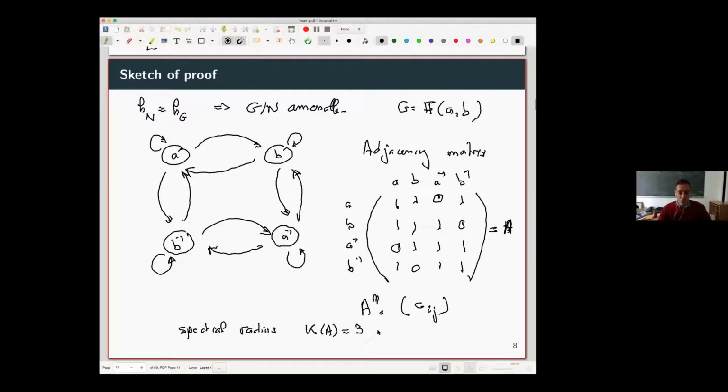This 3 is exactly exp of h of G. Remember, the growth rate of the free group is log 3. It's not a coincidence, that's just the way it is designed. We are counting reduced words of length n with this matrix, and asymptotically the largest eigenvalue gives you the asymptotic behavior of the number of such words.